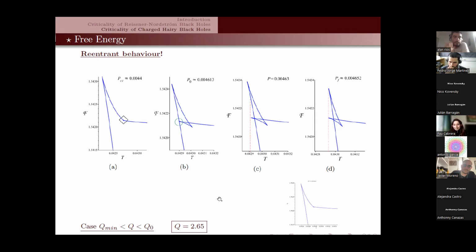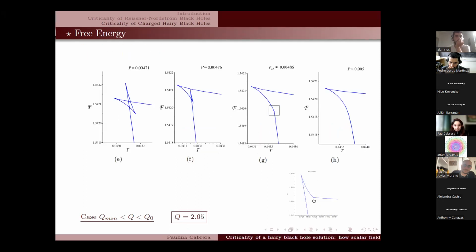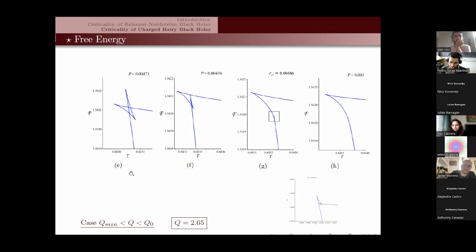And then we keep decreasing the temperature. We see that here in E, only the first order phase transition survives.